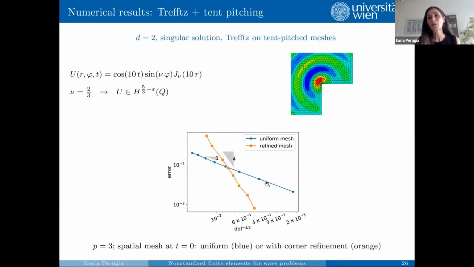The blue one is what happens if you start with a uniform mesh. You cannot have the full approximation power of your polynomials because the solution is too singular, so it is not smooth enough to have convergence of order 3. So with the standard, say, elliptic tricks, you can safely recover full convergence also in case of corner singularities for the wave equation.